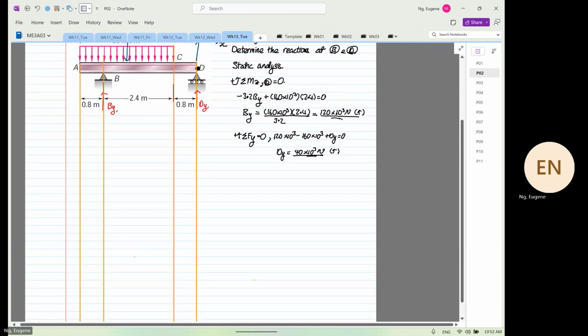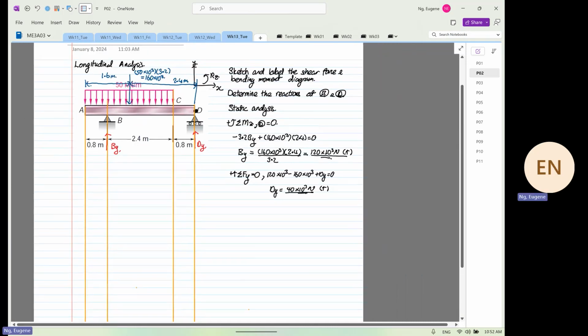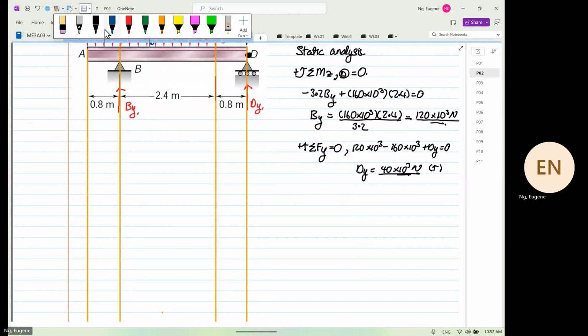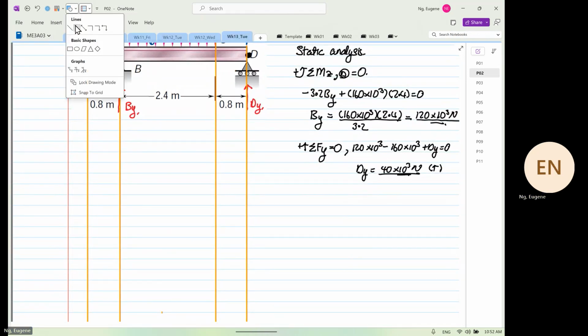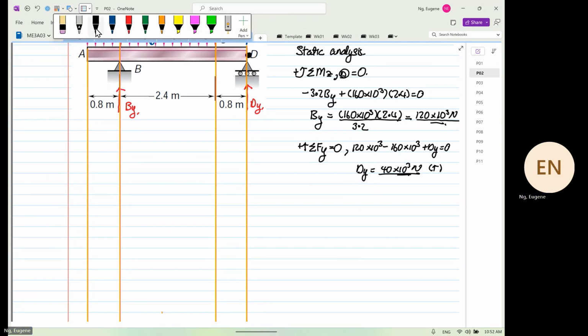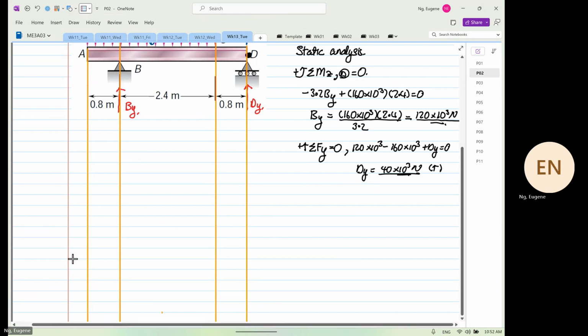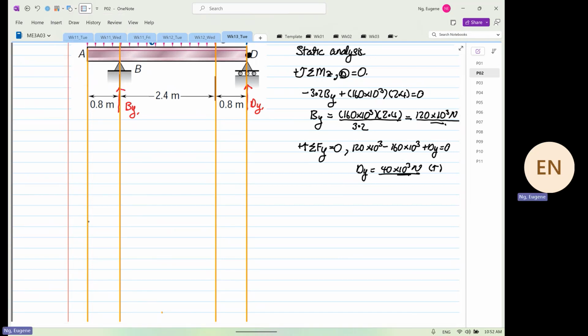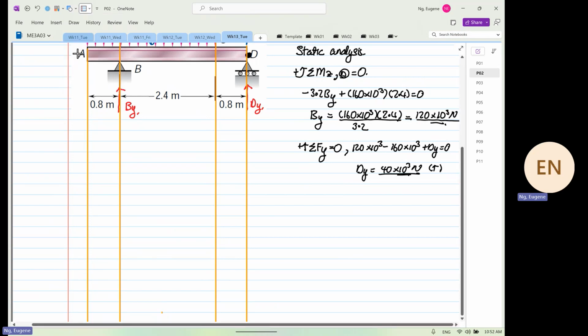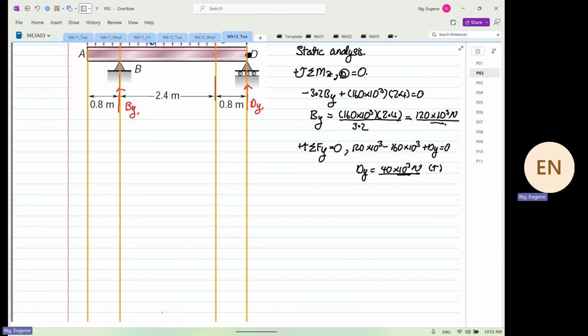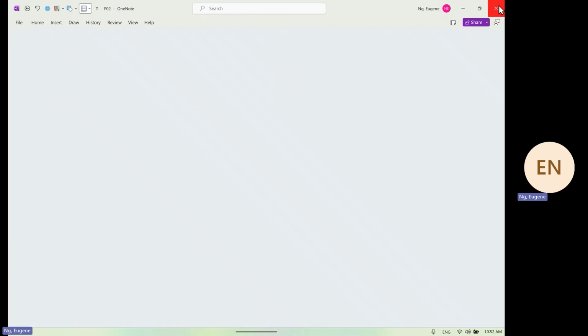Okay. So I'm going to have our x-axis. Wait, nothing is working. Wait, hold on. I think it's my computer.